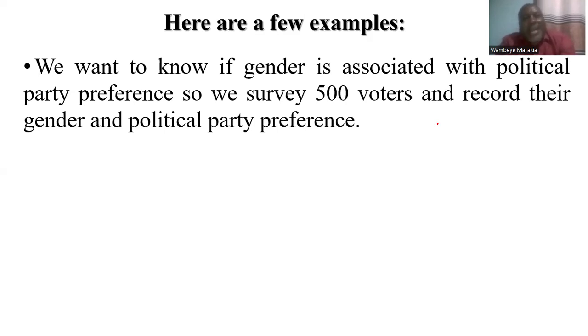So a researcher goes out and wants to study whether there is an association between gender and the political party of preference. This researcher surveys 500 voters.